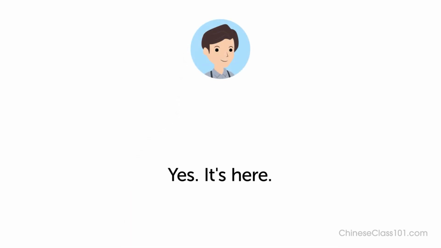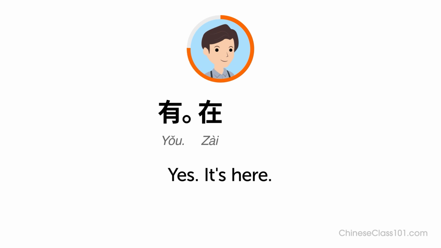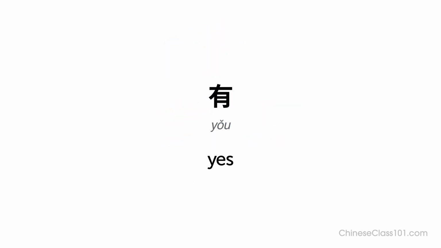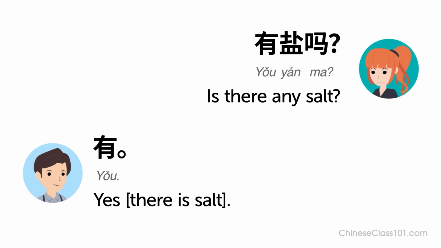Let's take a closer look at the response. Do you remember how the clerk says, yes, it's here? 有，在这里。 The first part of the response is 有, which translates as yes in this context, as it answers the yes or no question containing the verb 有, 有盐吗？ is there any salt? 有, yes, there is salt.